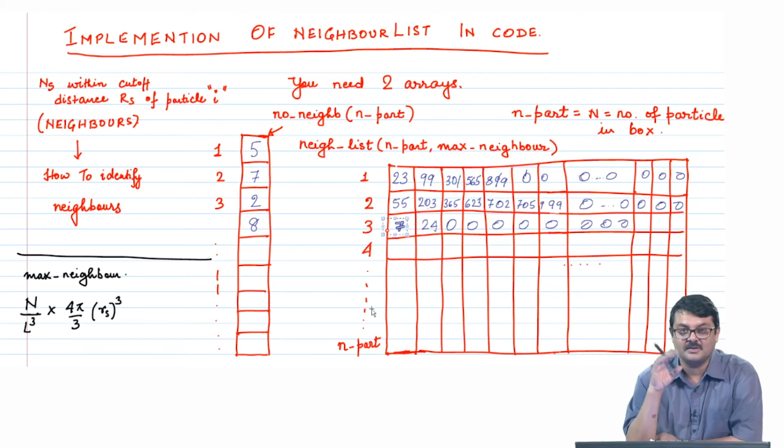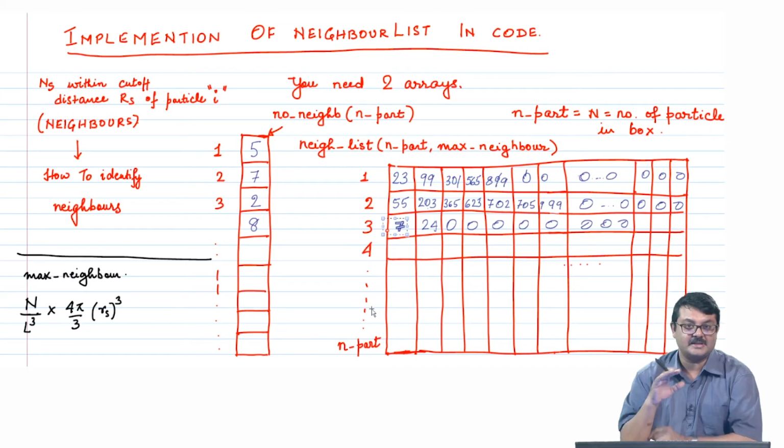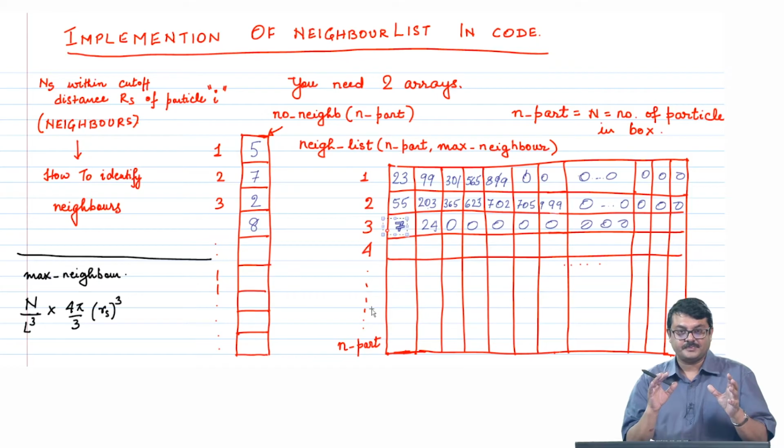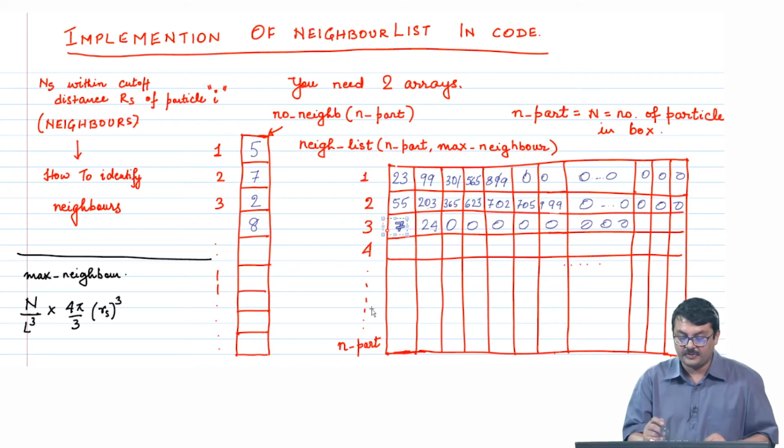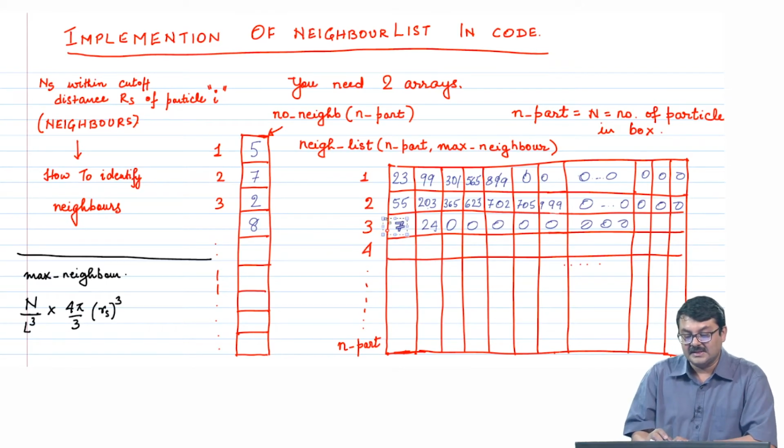What are you saving? You are not checking over all the particles, and every 100 iterations, since the particles would have moved. So, suppose around particle number 3, particle 7 is within RC at time t equal to 0.